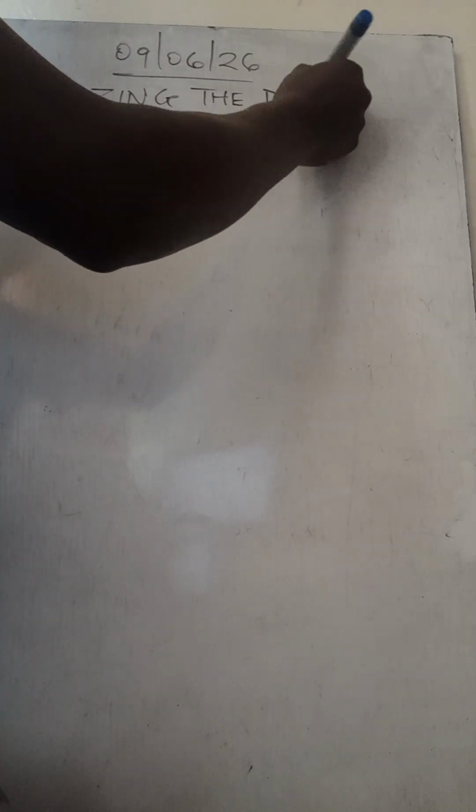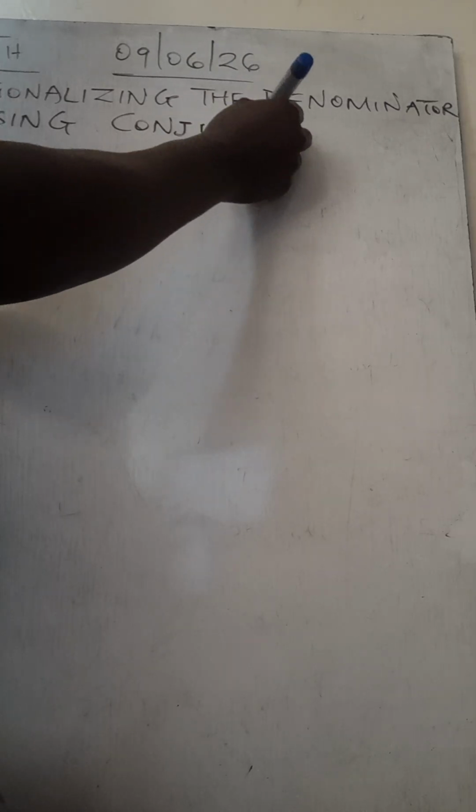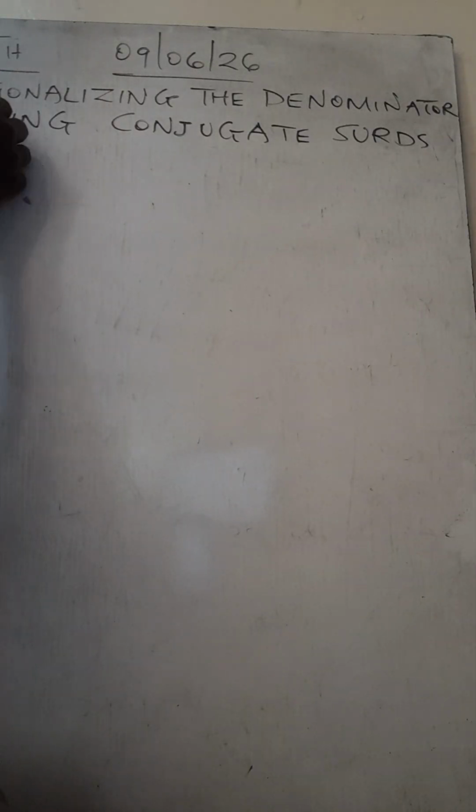So we are doing what we call rationalizing the denominator using conjugate surds.